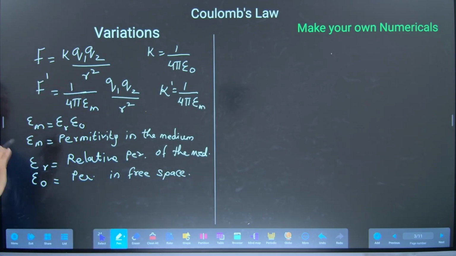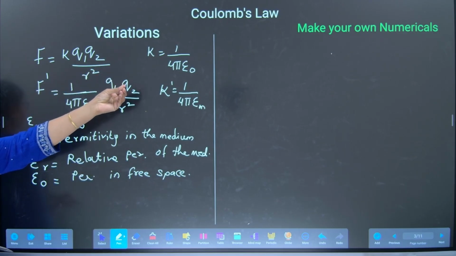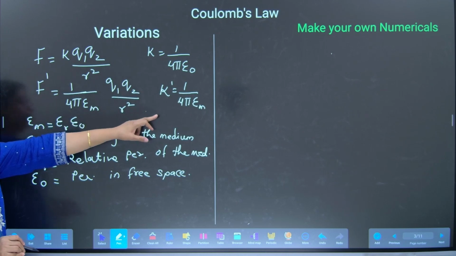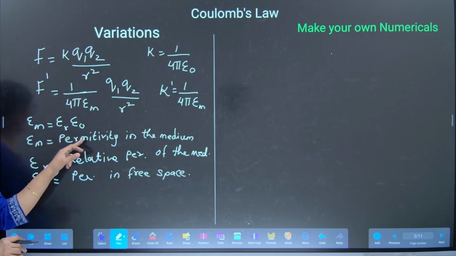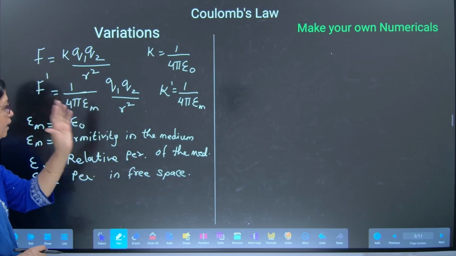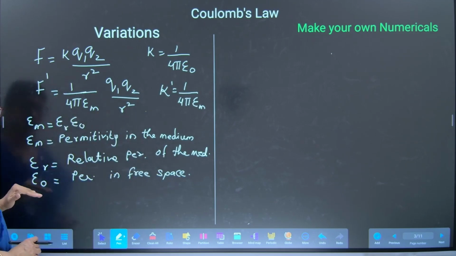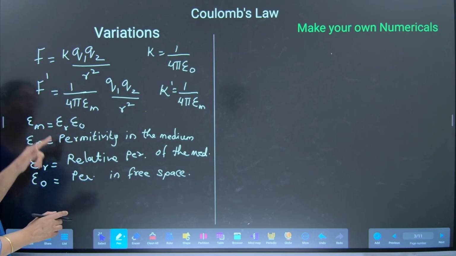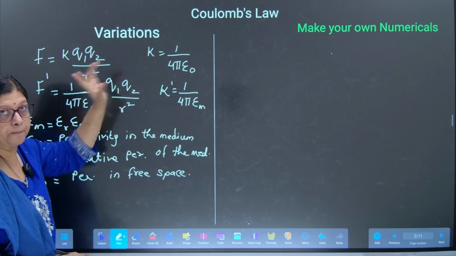So if I keep the two charges in some other medium, then I write K dash is equal to 1 by 4 pi epsilon m, where epsilon m is equal to epsilon r epsilon naught. Epsilon m is permittivity in the given medium, epsilon r is the relative permittivity of the medium, and epsilon naught is the permittivity in free space. Now, what is this epsilon r for air?